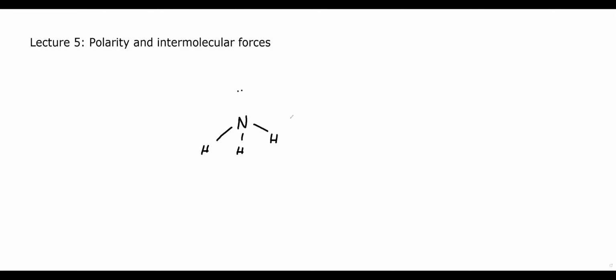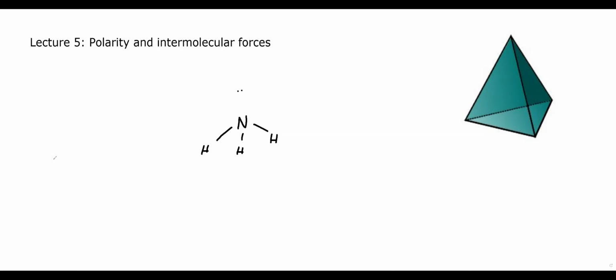The electron geometry is tetrahedral though, because we also have that lone pair. And again, here's the picture of the tetrahedron. We are going to envision this nitrogen as being in the center of that pyramid. These 3 hydrogens are at the corners, the base, and the lone pair at the tip.